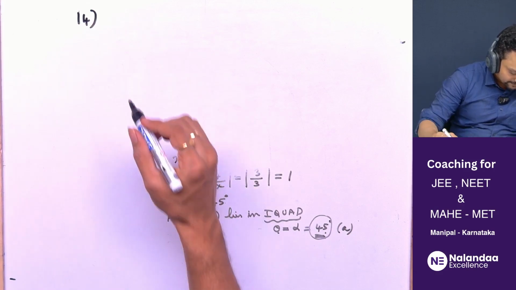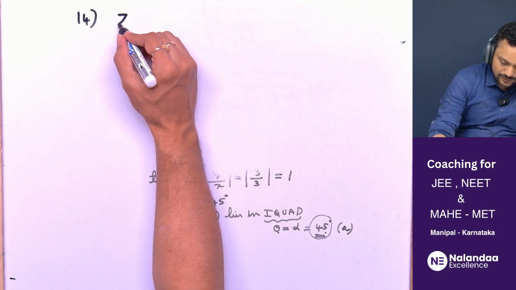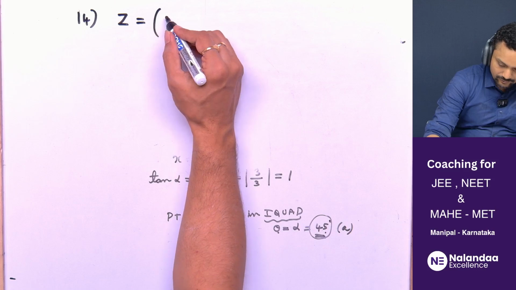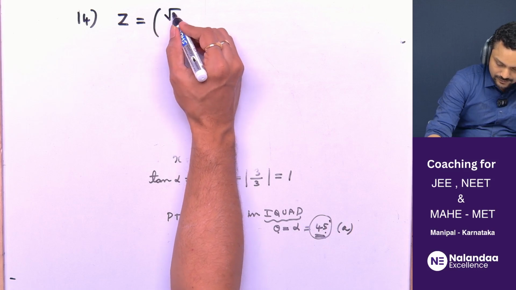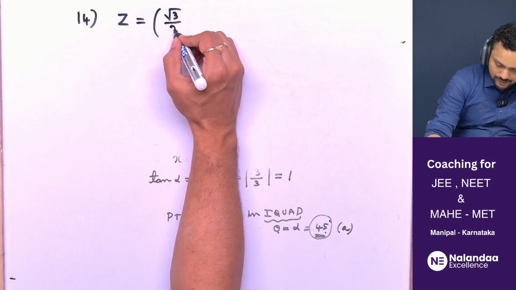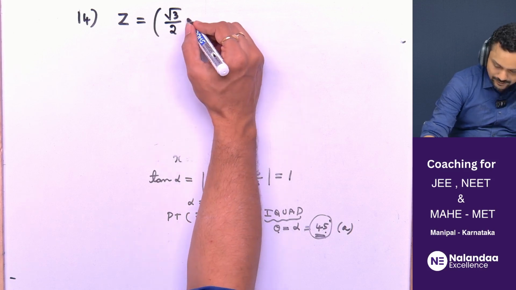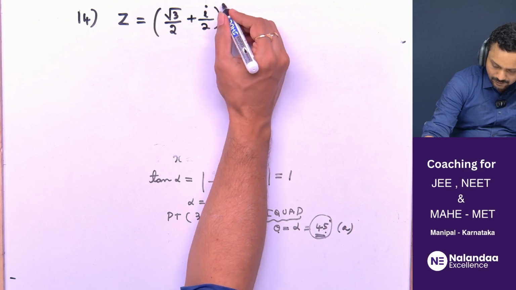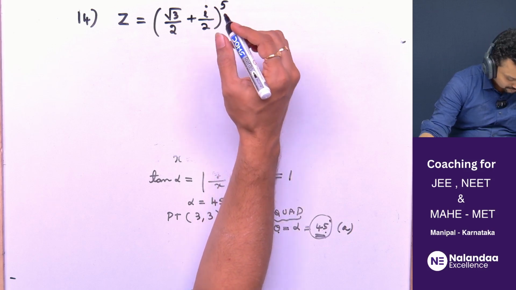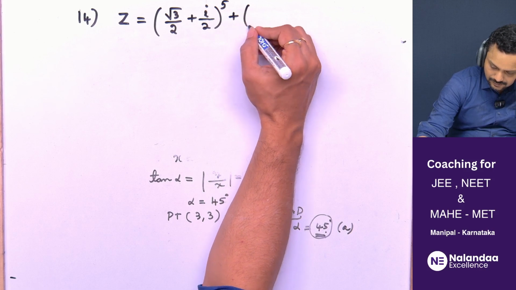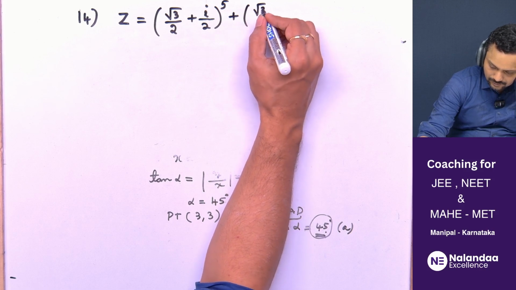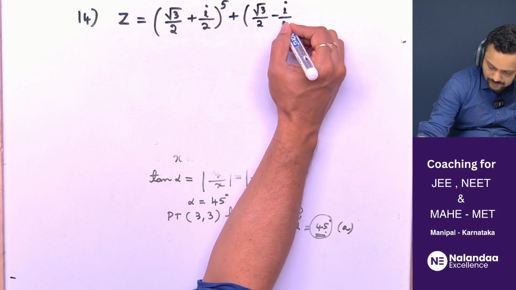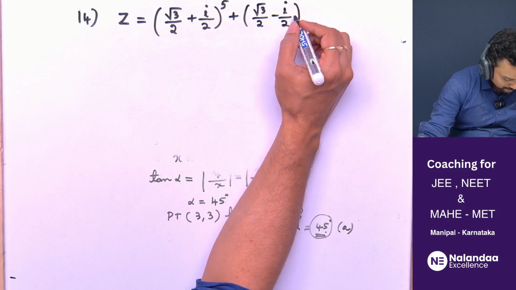Yes, 14 is like this. They have given a complex number z like this: root 3 by 2 plus i by 2, power 5, plus root 3 by 2 minus i by 2, power 5.